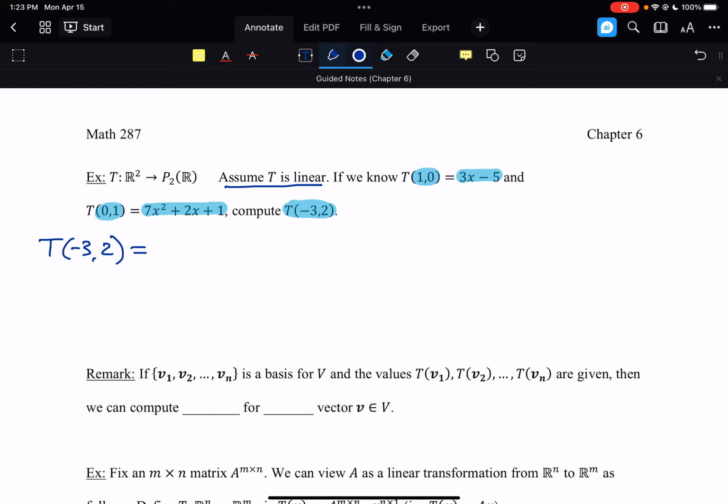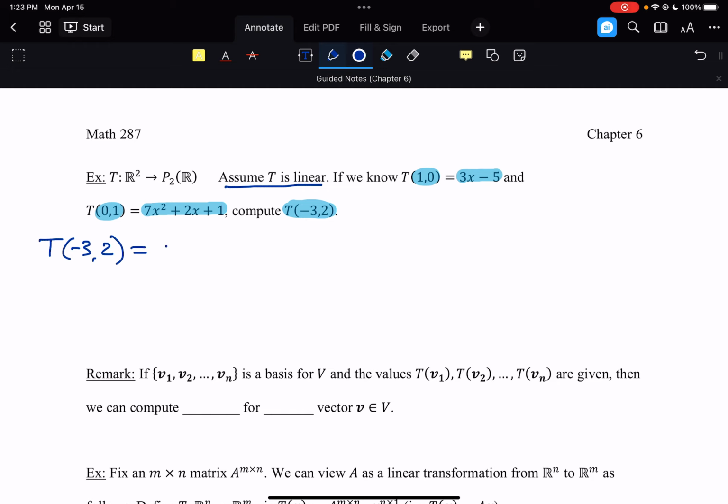Now, the point negative 3, 2, we can break that up into different pieces. So it's kind of like the idea of breaking it component by component, putting it in terms of the standard basis, if you will.